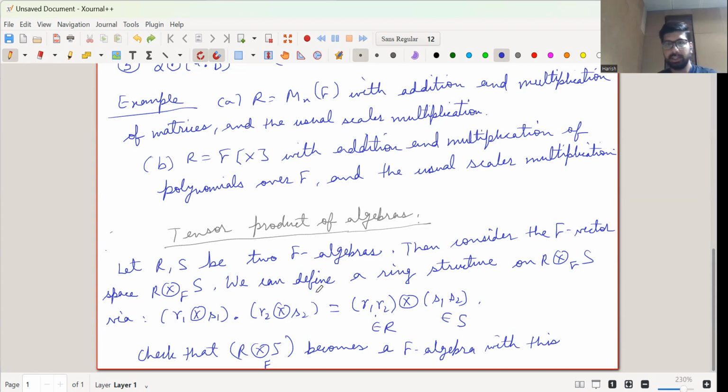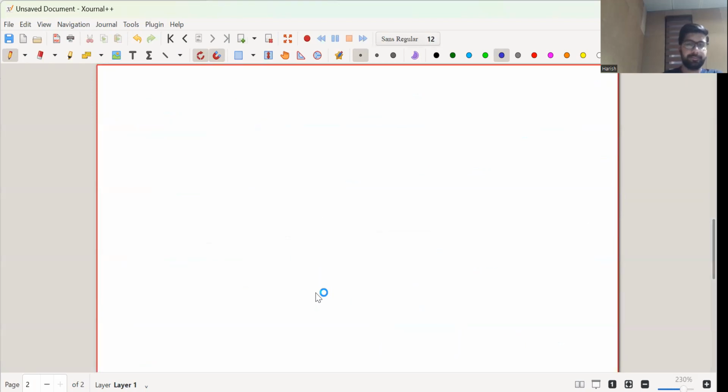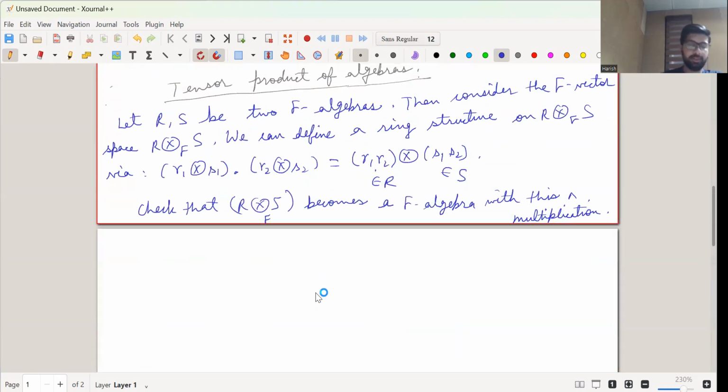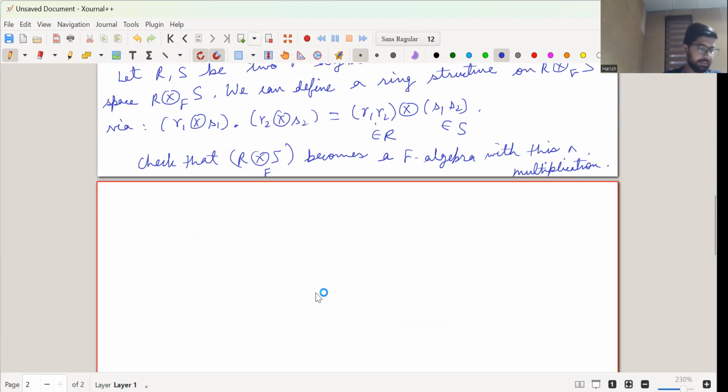There is nothing more; we are just giving the natural algebra structure over R tensor S. So using that it becomes an F algebra. I think that's it from the first two lectures.